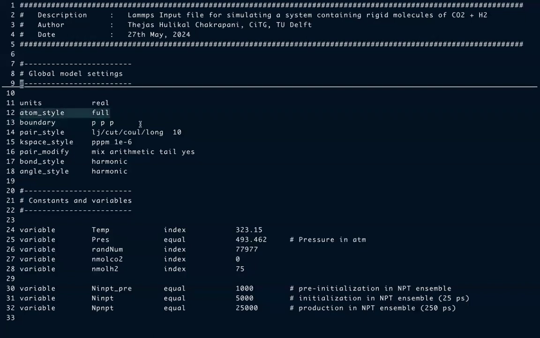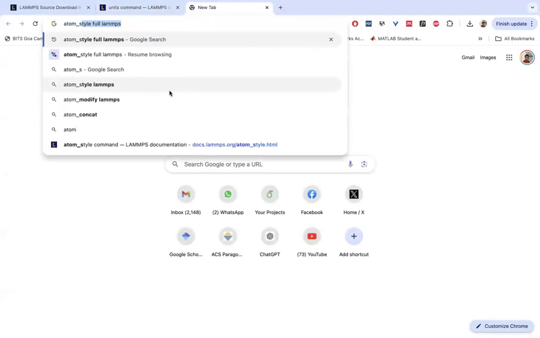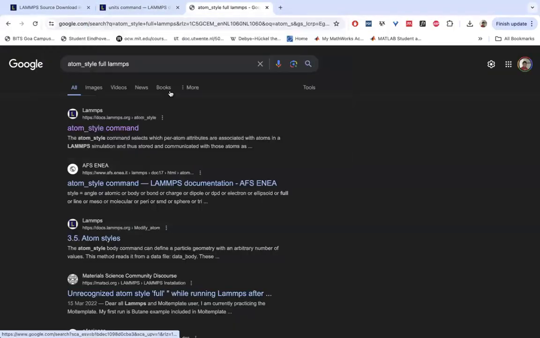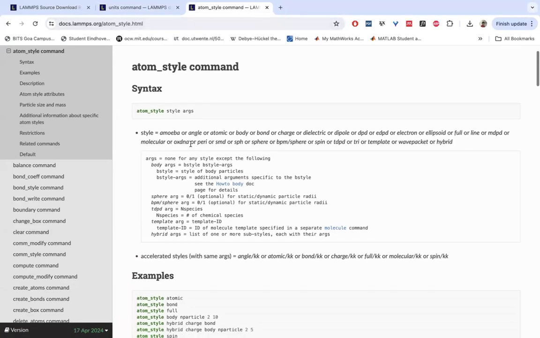Atom style full. When you say atom style full, once again, let's learn to use the documentation of LAMMPS. As soon as you type atom style, it already gives you the web page which contains documentation. Once again, the syntax for the command is atom style, and then there are some arguments that you can optionally provide.